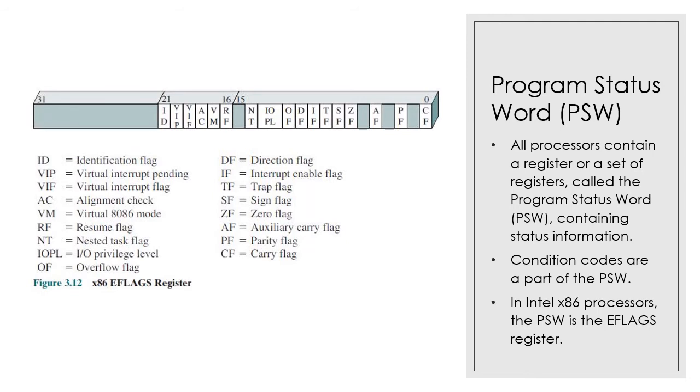In Intel x86 processors, the PSW is the EFLAGS register, shown here with all its bit positions labeled for you. This picture is from your book. You can always move back to this slide because there are a few things that I want you to answer relevant to this slide.